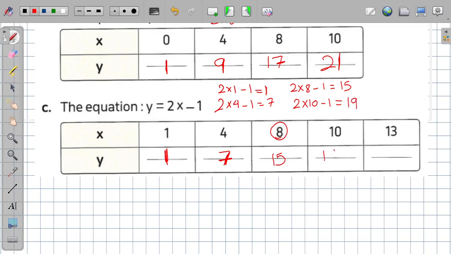So I have here 19. Next, I have 13. So I have 2 times 13 minus 1. 2 times 13 equals 26, and 26 minus 1 is 25. So the value of y is 25.